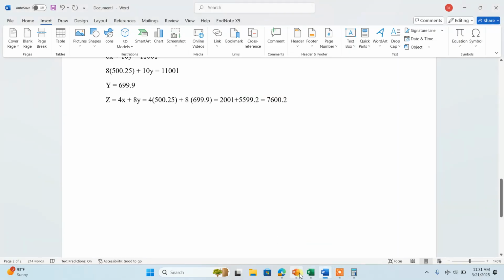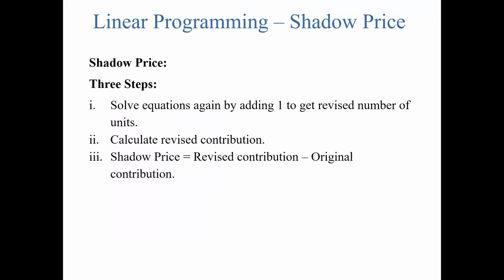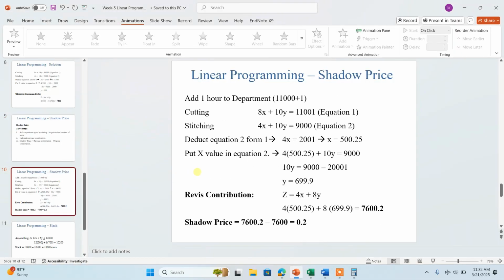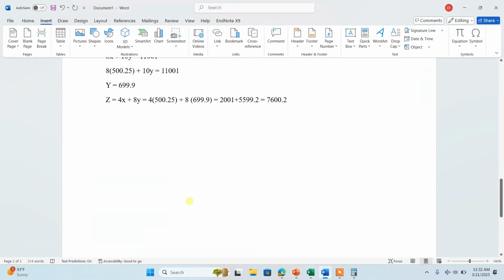Okay. Now let's check the steps. The first step was to add one unit to the given resources and then calculate the revised contribution, which in this case is 7,600.2. Now the shadow price is, let me directly copy from here.